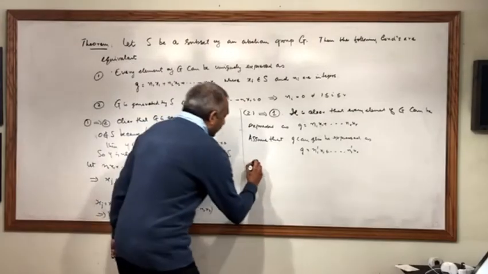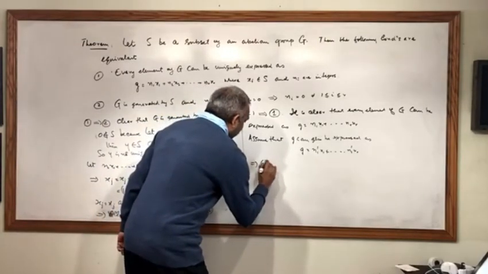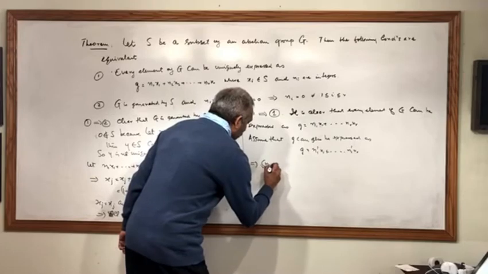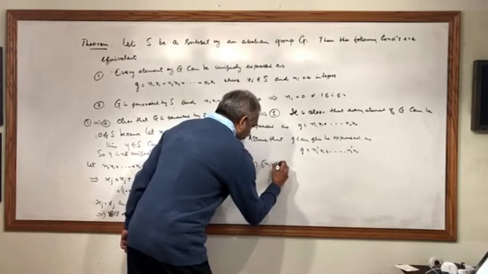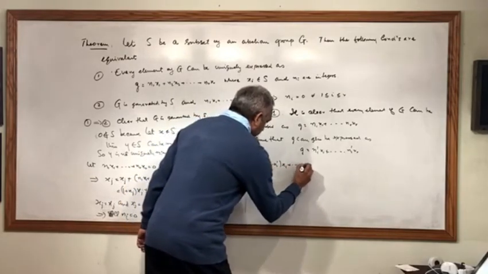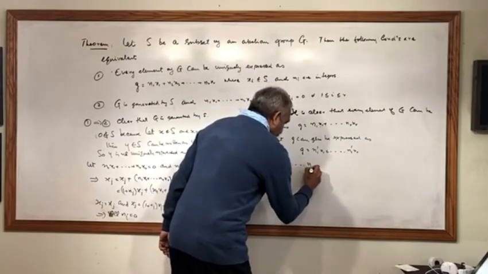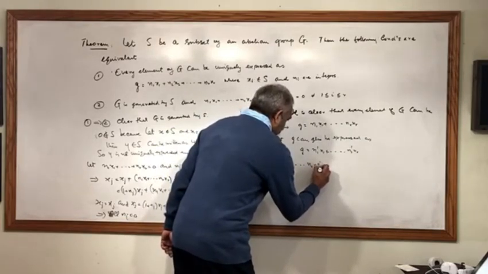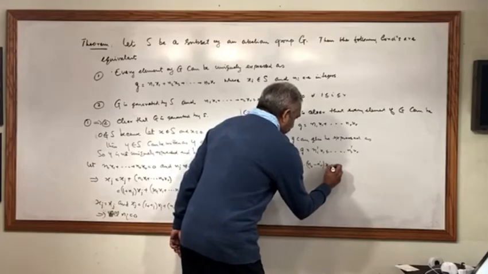So this implies (n1 minus n1')x1 plus ... plus (nr minus nr')xr is equal to 0.